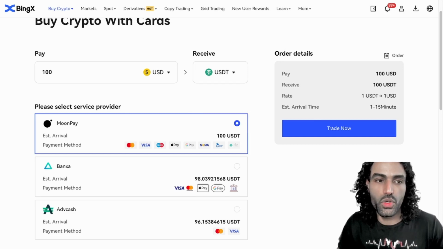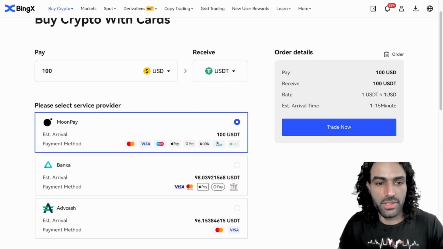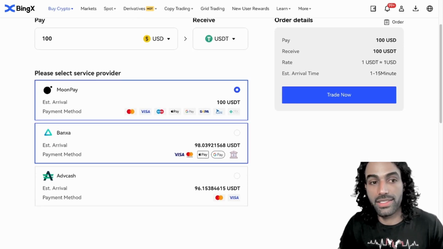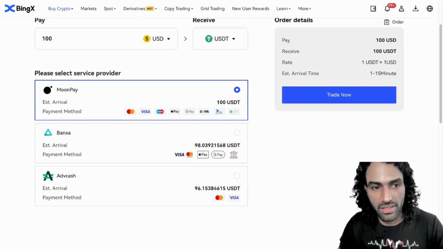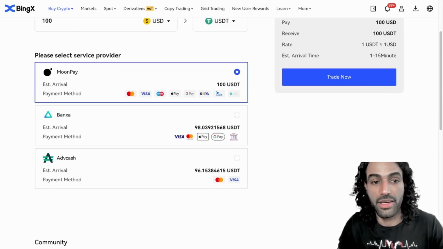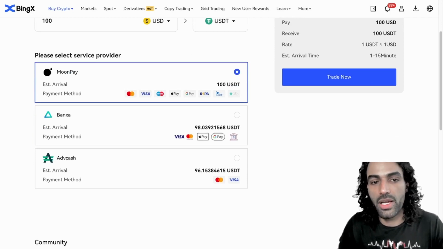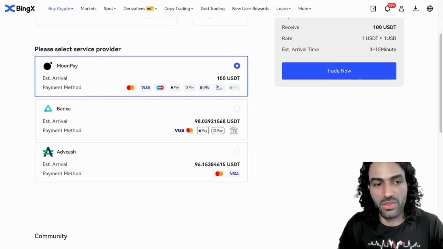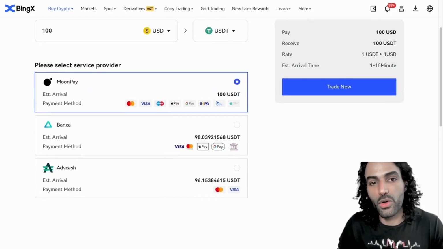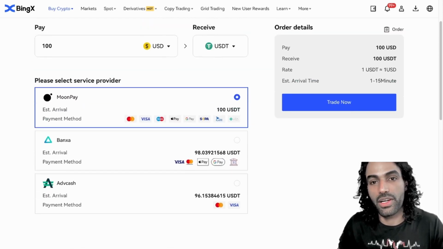So after you say I want to receive USD Tether, you go back here and select the service provider. This service provider actually can make you buy with MasterCard, Visa, Maestro, Apple Pay, Google Pay, many things. Like Sibia, this one is bank transfer. So this one has more options for us to buy Bitcoin or USD Tether or crypto with.